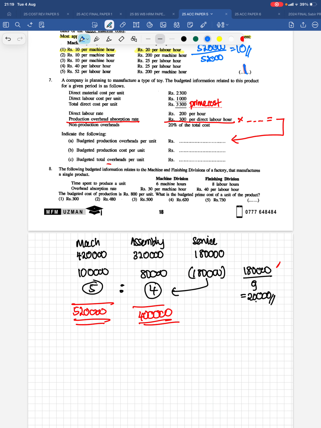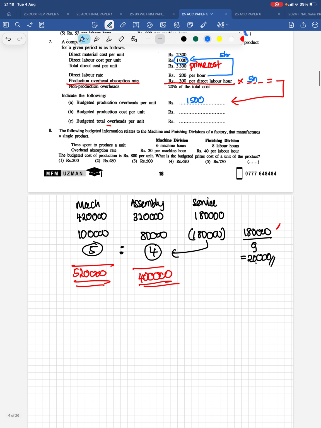They have mentioned here that the direct labor cost is 1,000 and the direct labor hour rate is 200. That means 5 hours is spent by direct labor to produce a unit. So if they use 5 hours to produce 1 unit, the overhead absorption per unit is 1,500 rupees. Next they are asking for the budgeted production cost per unit. Production cost per unit means prime cost plus production overhead.